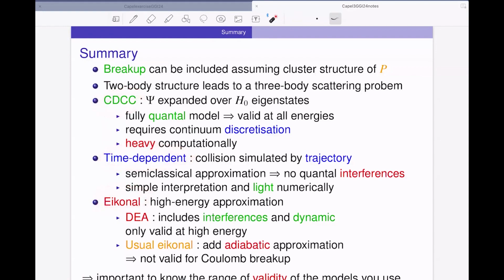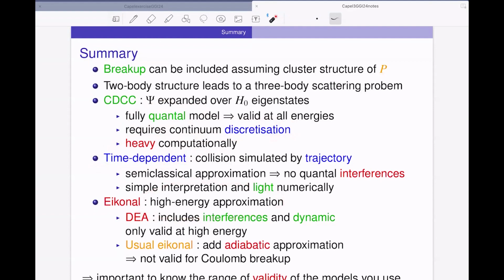Each one of them has its advantages and disadvantages. CDCC is fully quantal, with conservation of energy, fine, but it requires the continuum discretization, and it's very heavy computationally. The computational problem is solved by the time-dependent approach, but you miss the quantal interferences. And the eikonal approximation restores the quantal interferences, but it's only valid at high enough energy.